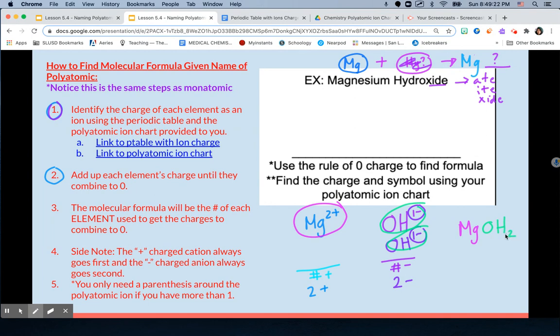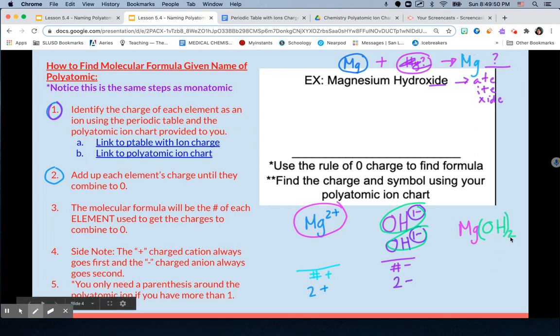2. But notice that if I use 2 OHs and I just put this 2 on the bottom right-hand side, it signifies that I only have 2 H's and 1 O, which is not true. I actually have 2 O's and 2 H's. So to show that I have 2 of them, I'm going to put a parentheses around the OH, right?